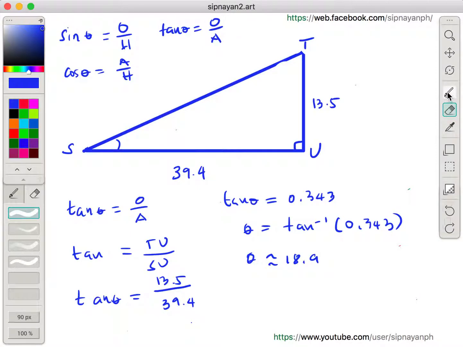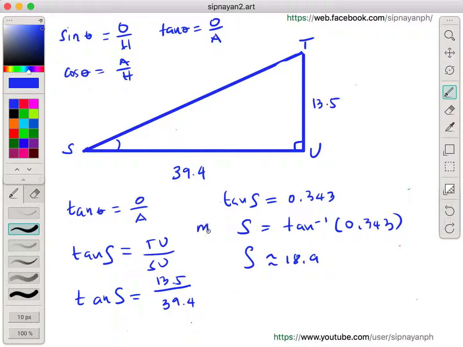Nilagay natin dito tangent S, kasi yung angle natin ay S. Meaning this is also S, and this is also S. Which means that the measure of angle S is approximately 18.9. Sa ibang books nilalagyan nila ng measure of angle S. Okay. Ganyan, 18.9.